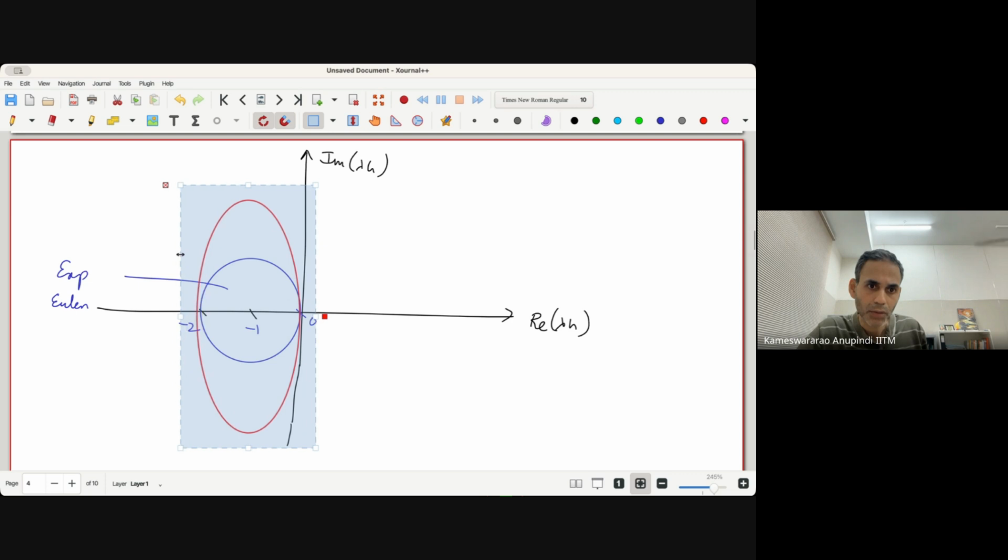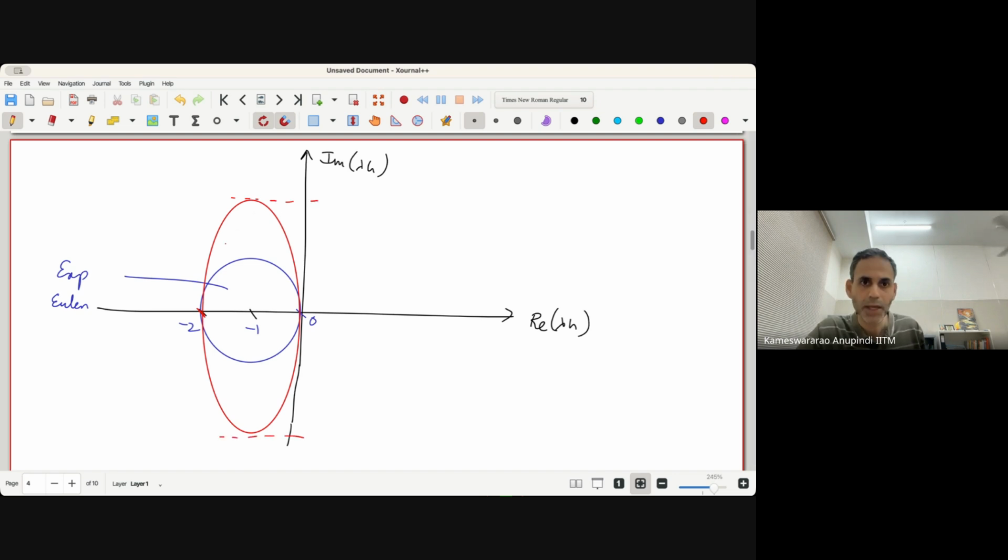It will have the same stability region for purely real lambda, ending at -2, but I think it will be a little more rounded. This quantity is about square root 3, so this will be about minus square root 3. So that is the stability region.